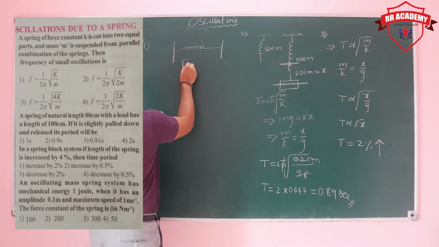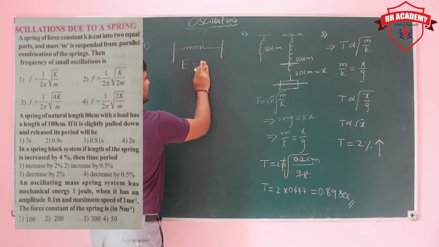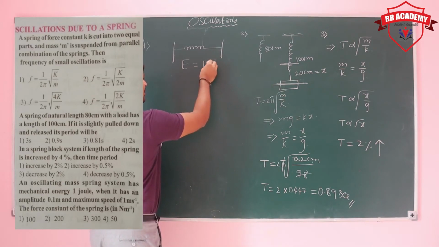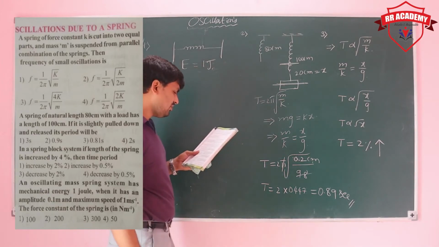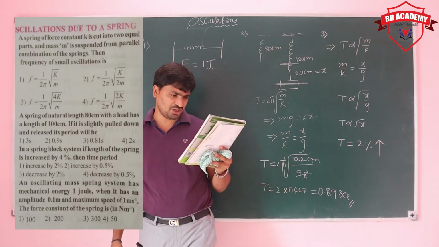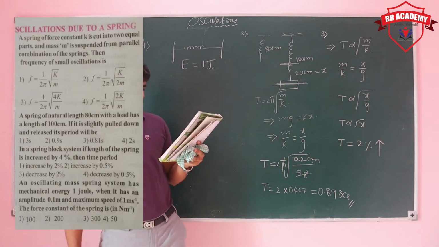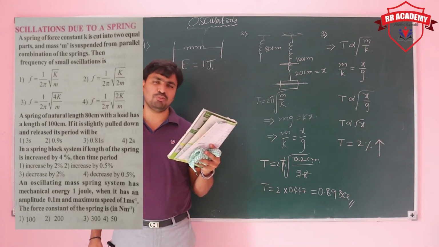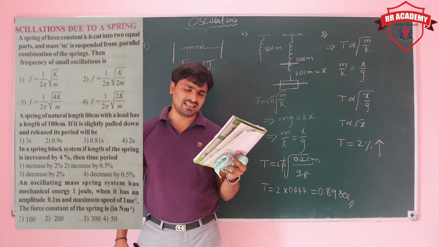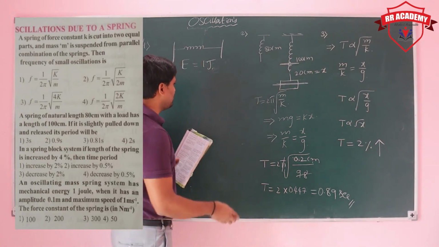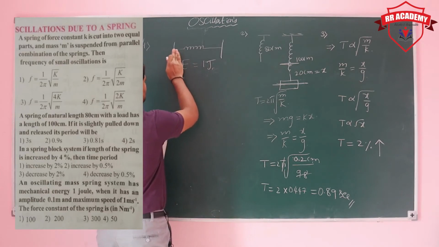This mechanical energy is a combination of kinetic energy and potential energy. Now, it has some amplitude of 0.1 meter as well as maximum speed. We know that it is making oscillations about the mean position.